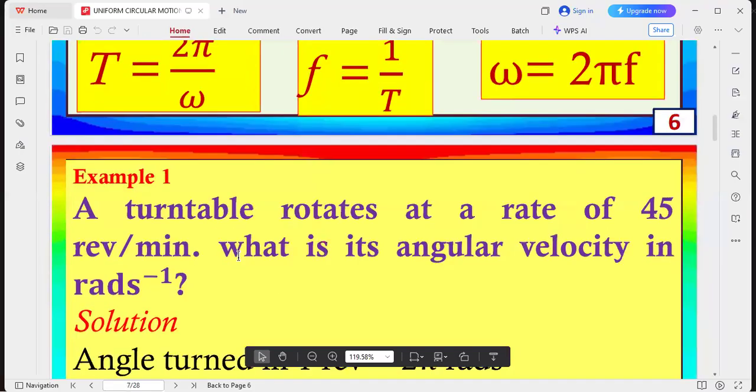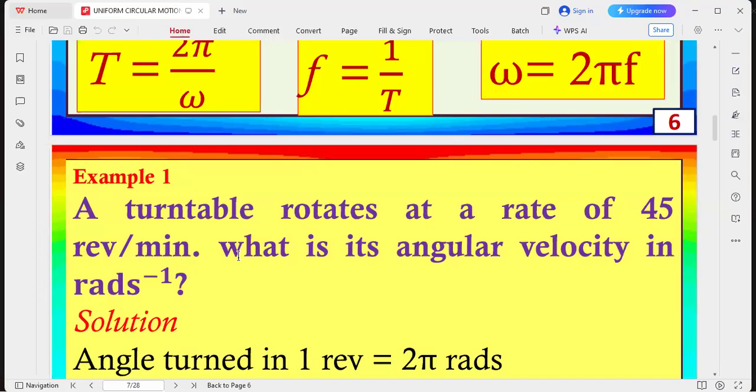So here we have an example. A turntable rotates at a rate of 45 revolutions per minute. What is its angular velocity? Among the four formulas that we have just done, you choose. It is important that you know all of them, then you know when to apply which one. We are told it's revolving at 45 revolutions per minute.